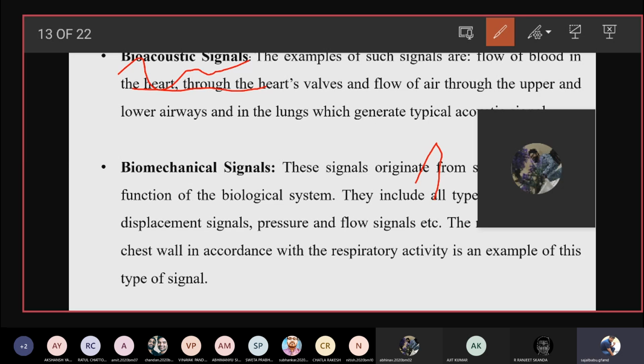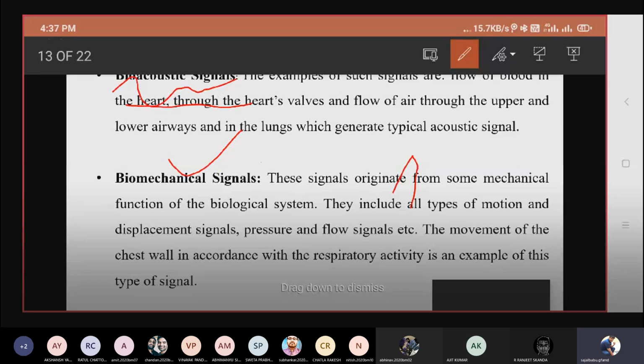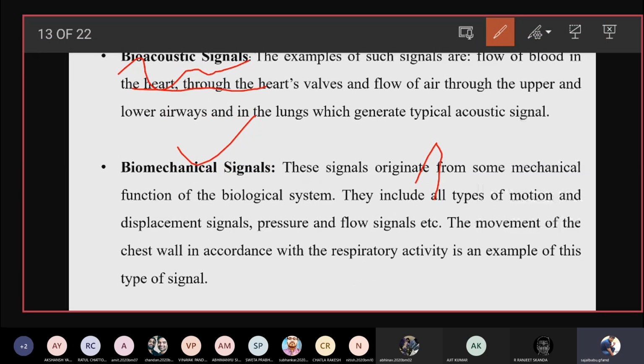Okay, and then coming on to the other type, that is the biomechanical signal. They may have different types of biomechanical signals, right? Actually, I think you are not getting the screen, so I think now you are getting the screen here, right? So you have the various biomechanical signals. Like the pressure that you measure when you want to measure the blood pressure, you capture the blood pressure from one of the limbs, right?